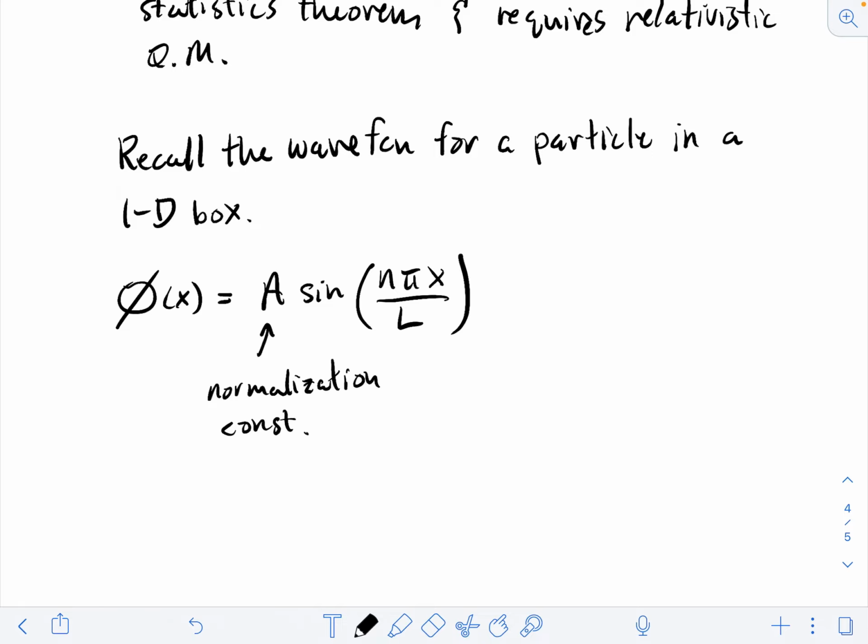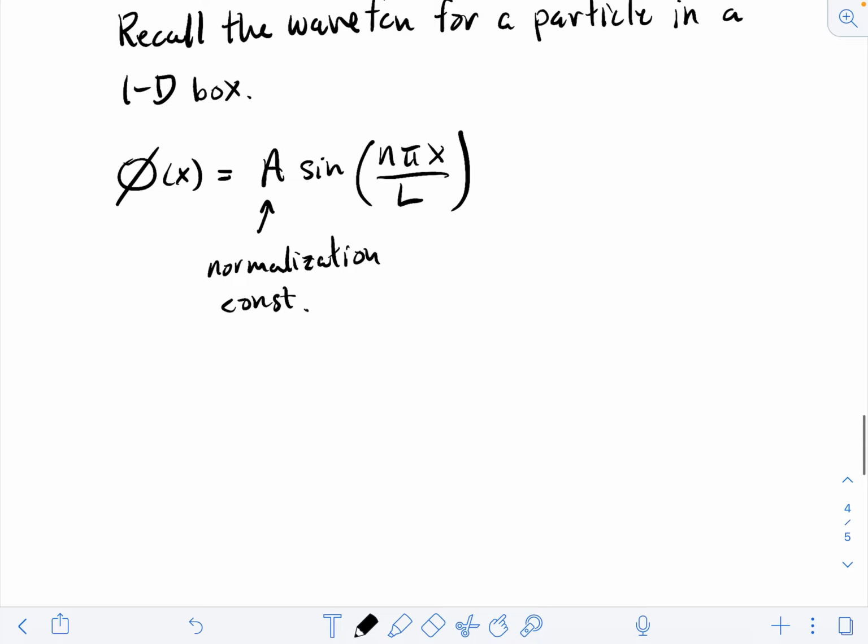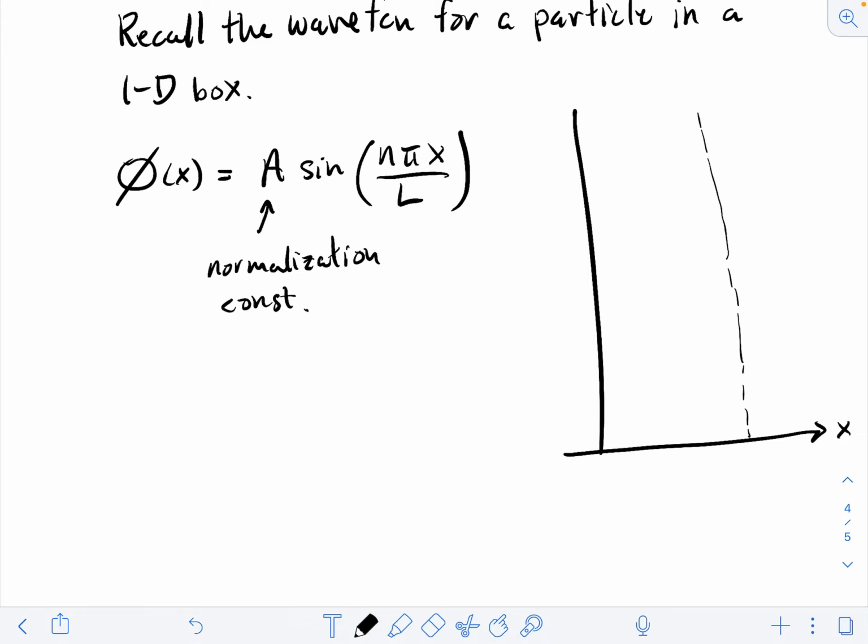Okay, so if we draw a square well, here's x, and our square well is going to have a width L, let's say.